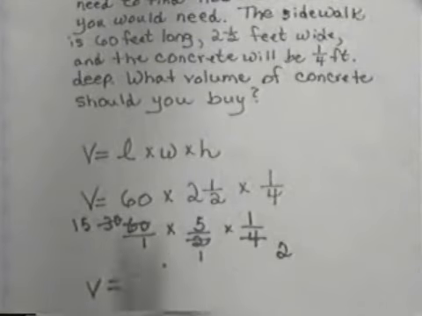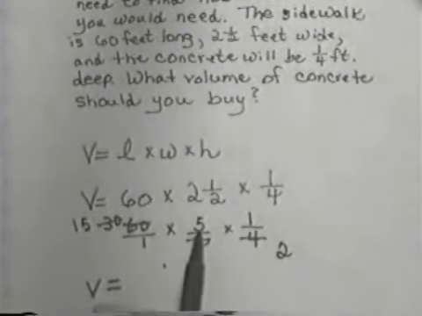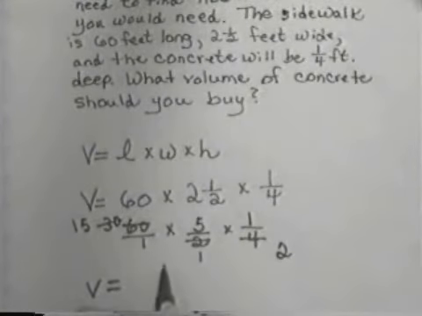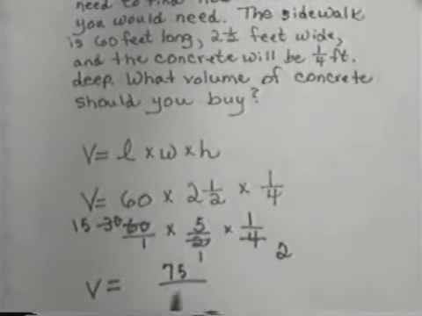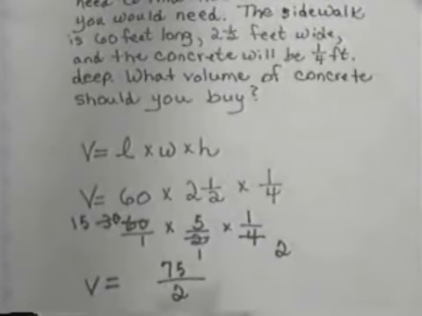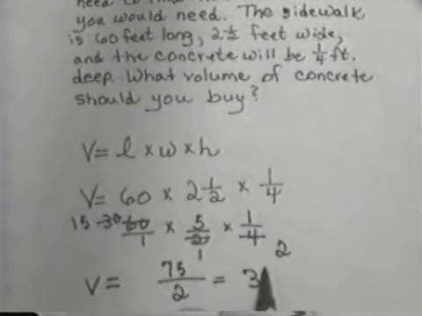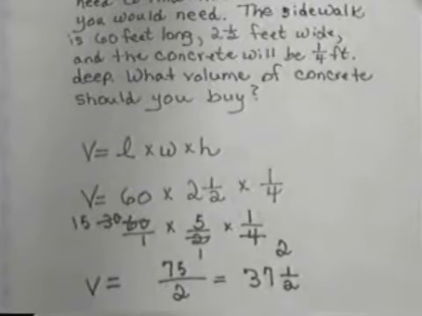So now if we multiply across, we'll have 15 times 5 times 1, which will give us 75. And then 1 times 1 times 2 will be 2. So we'll end up with 75/2, which will divide out to be 37.5. If we divide 2 into 75, we'll find that it goes 37 times with 1 left over.